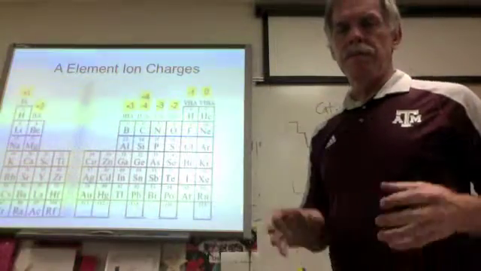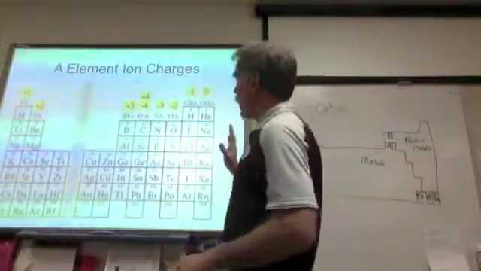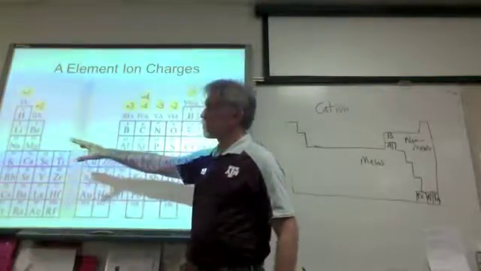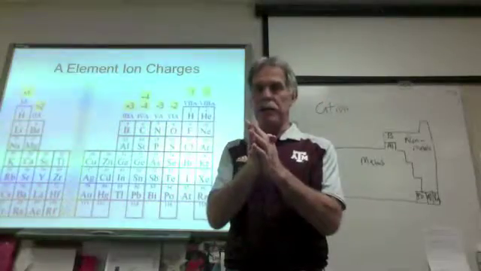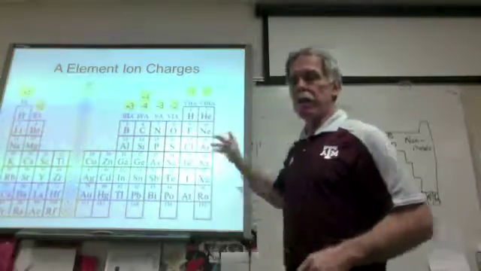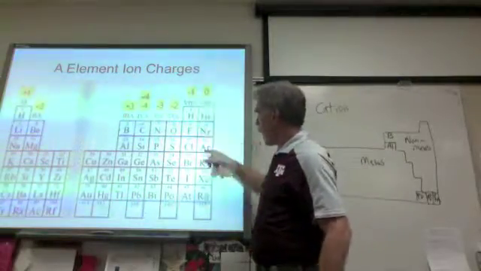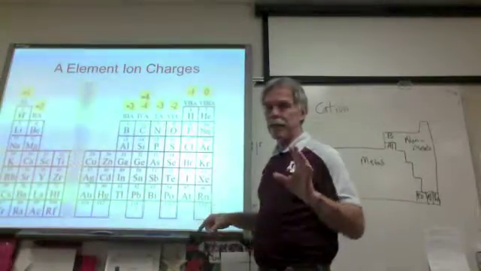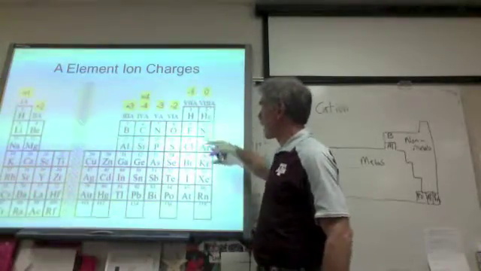So, how is it that these come together? Well, again, everything on that side becomes positive because it loses electrons. Minus a minus is plus, just like in math. And everything up here becomes minus. They all want to be like the noble gases. Now, there are some exceptions, but for now, we're just going to talk about the ones that like to be like the noble gases.